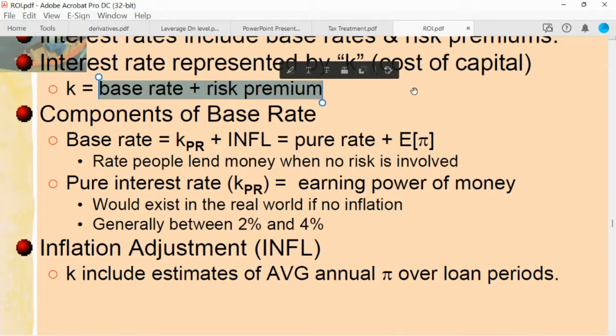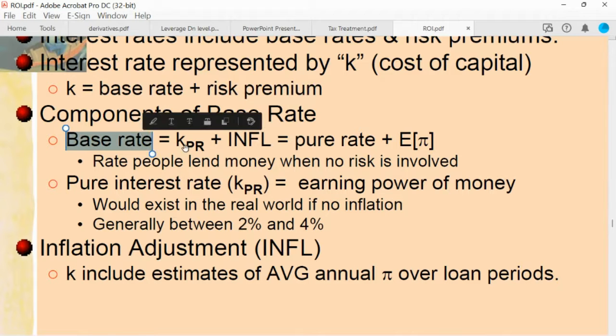And how many risks are there? At least there are four types of risks, right? And then the base rate consists of the pure rate of return plus inflation adjustment.